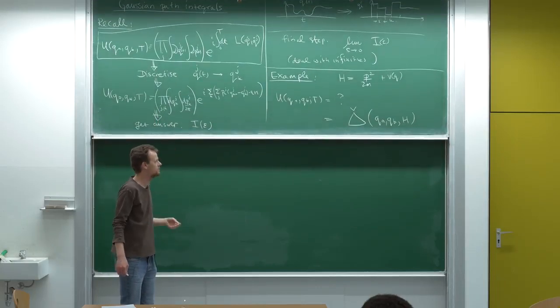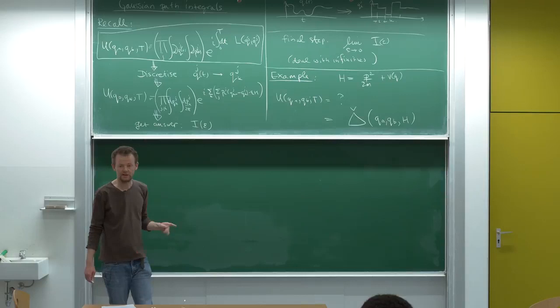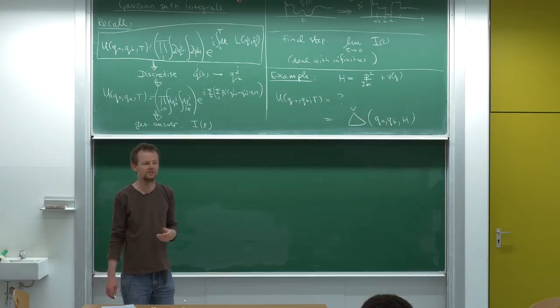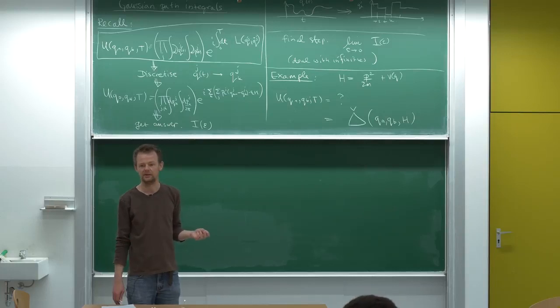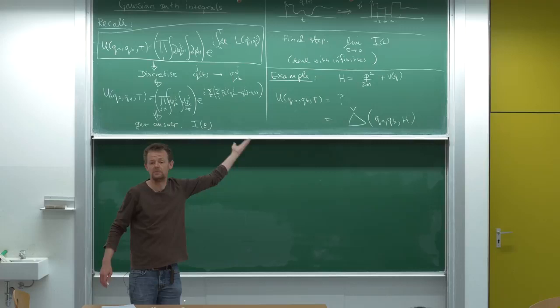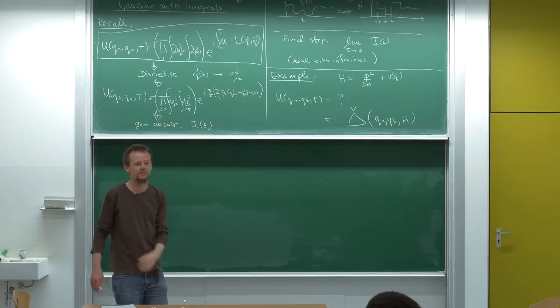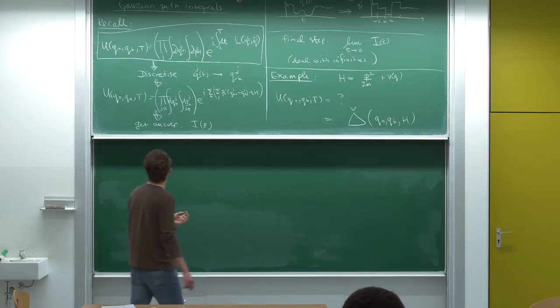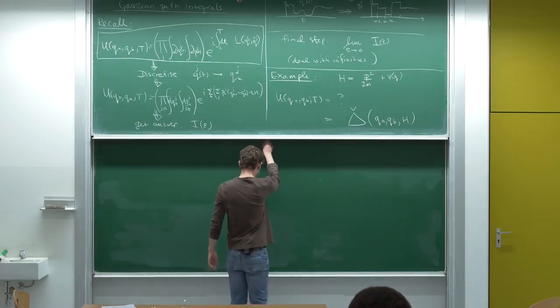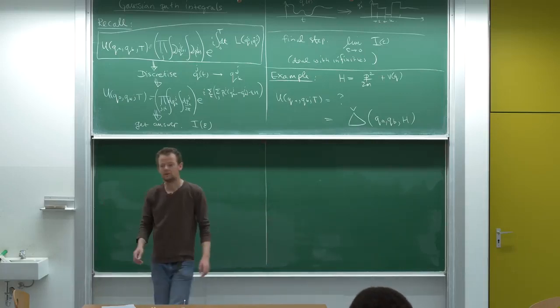Sadly, people use notations like this because they're strongly suggestive, and they're useful because they help you remember things. This is the same here. It does help you to remember the algorithm if you see the integral signs, but don't take it literally as an integral. In some sense, it's a mathematical phantasm, right?